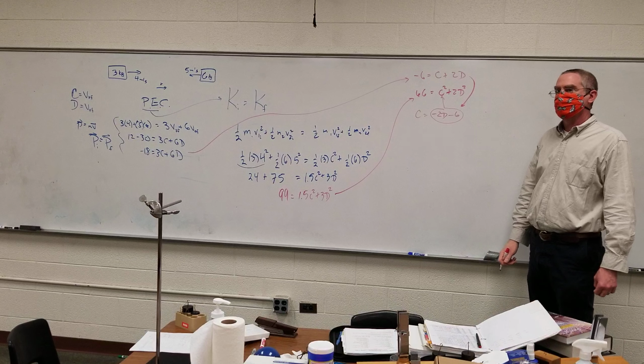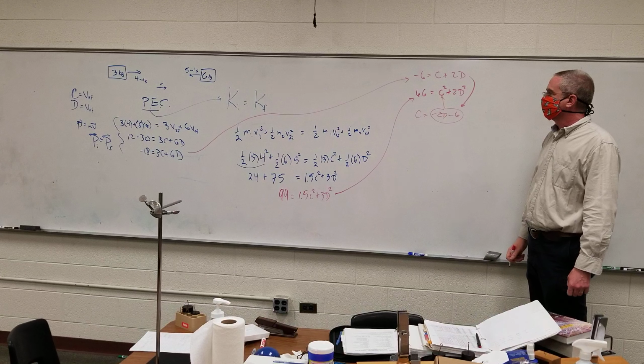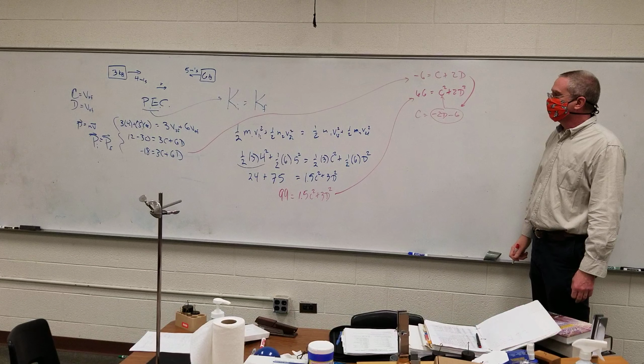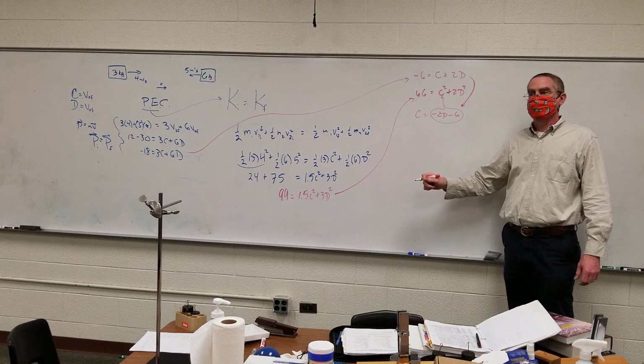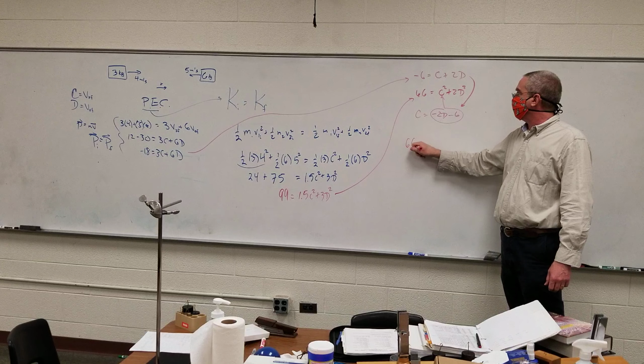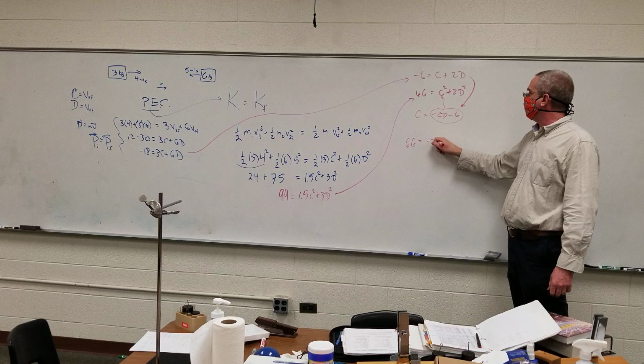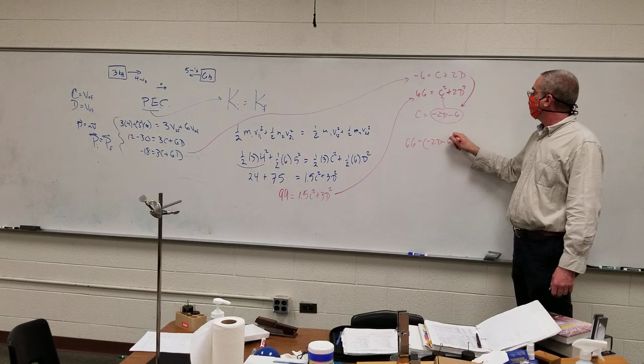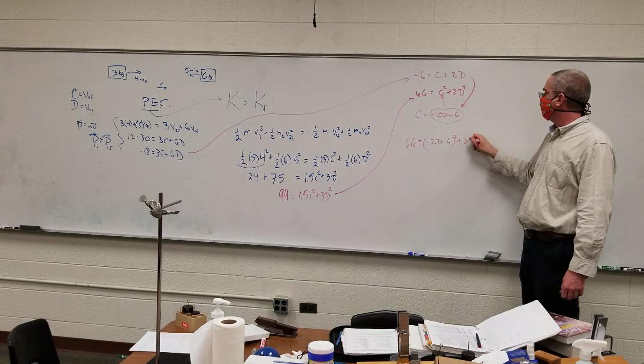Oh, yeah, you drew an arrow from... okay, makes sense now. Alright, you good? Yes. Alright. So now I have 66 equals negative two D minus six squared plus two D squared.